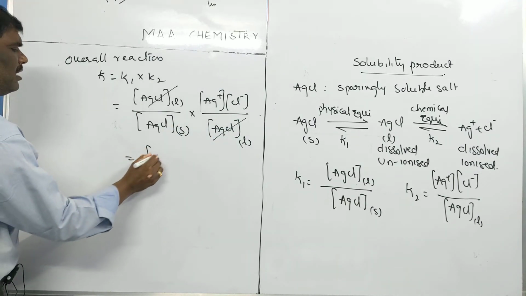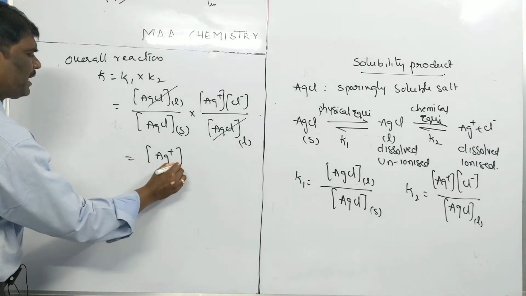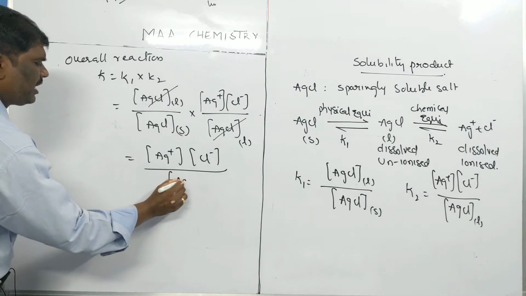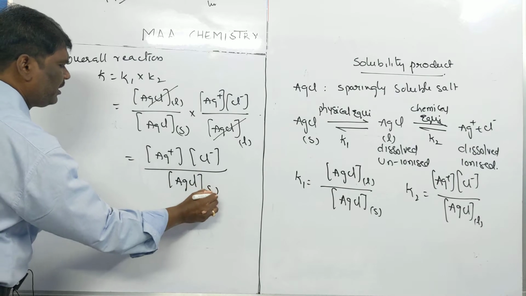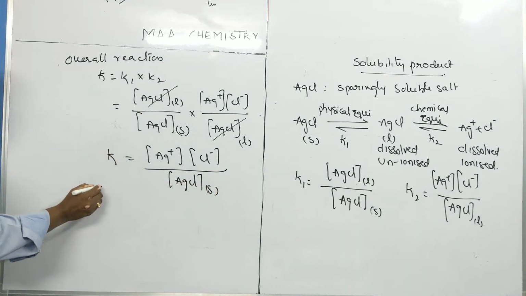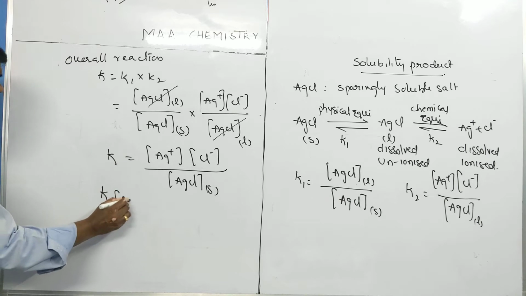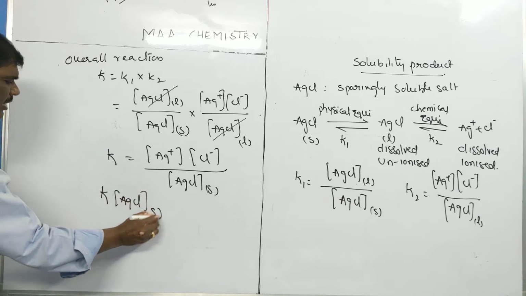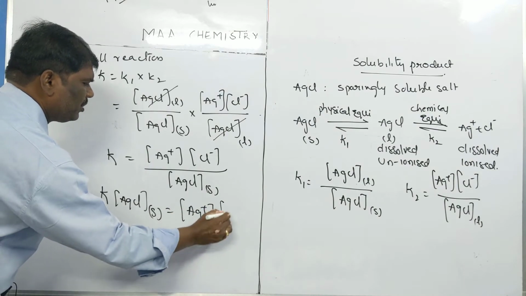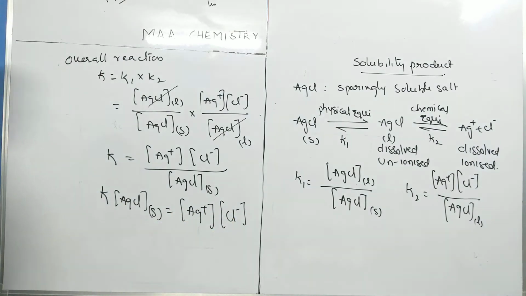Finally, I get concentration of Ag plus into molar concentration of Cl minus by concentration of AgCl solid, into, let us say, K. On cross multiplication we get K into concentration of AgCl solid equal to concentration of Ag plus into concentration of Cl minus.